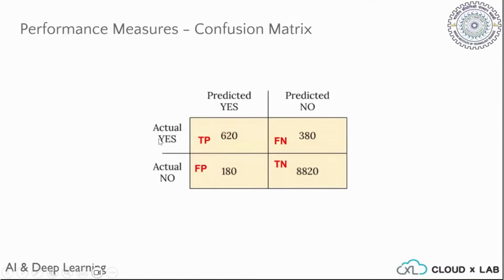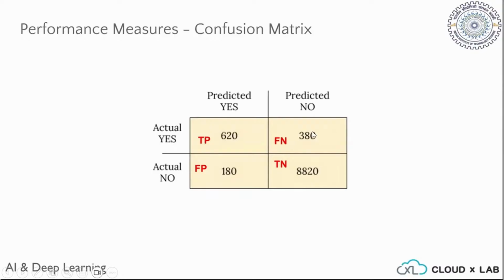So the actual output is yes, and the model is also saying yes. 620 examples are there where the model is saying yes and the actual output is also yes, or the model is saying true and the actual output is also true. This case is called true positive because the model is truly positive here.